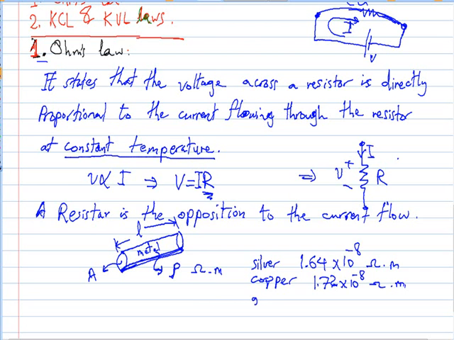Then gold is in the third place. The best conductor is silver, then copper, and the third one is gold, which has a resistivity of 2.45 multiplied by 10 to the power minus 8 ohm meter.